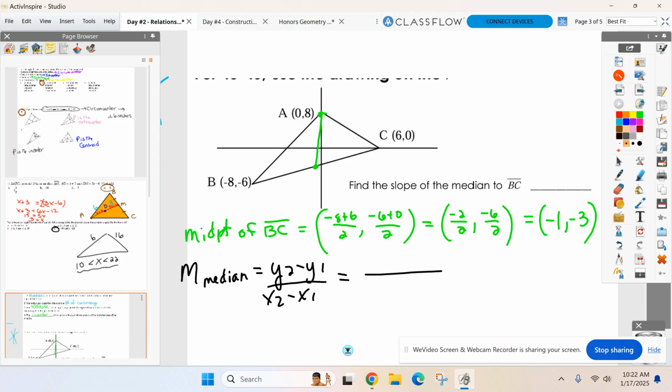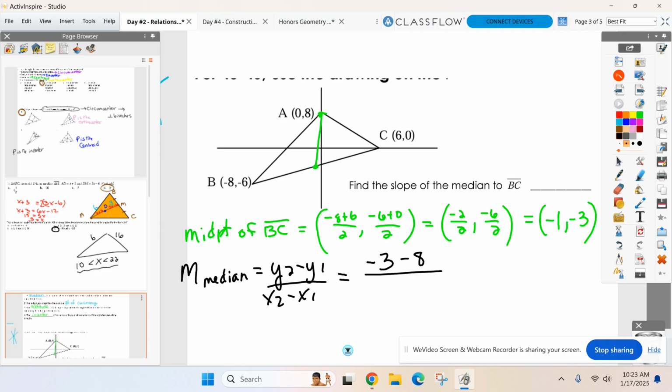All right, what are my y coordinates of the median? You have one of them given, the other one we just found. 8 and -3. Order doesn't matter, -3 minus 8, sure. But if you do not use rise over run, if you choose to use this formula instead, now the order matters of the x's on the bottom. Everyone see how I took -3 first?